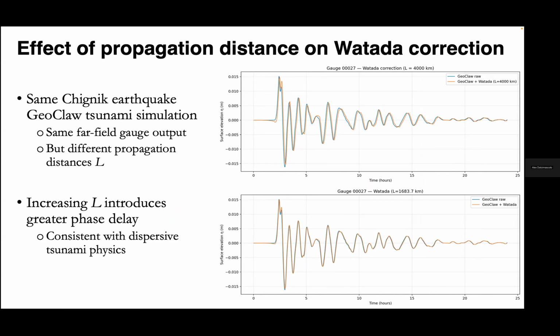What we see here is that increasing the propagation distance introduces a larger delay and a more noticeable phase shift in the waveform. This is consistent with dispersive tsunami physics, where longer travel times allow these effects to accumulate. This result reinforces that the Watada correction is capturing the expected physical behavior of tsunami propagation.